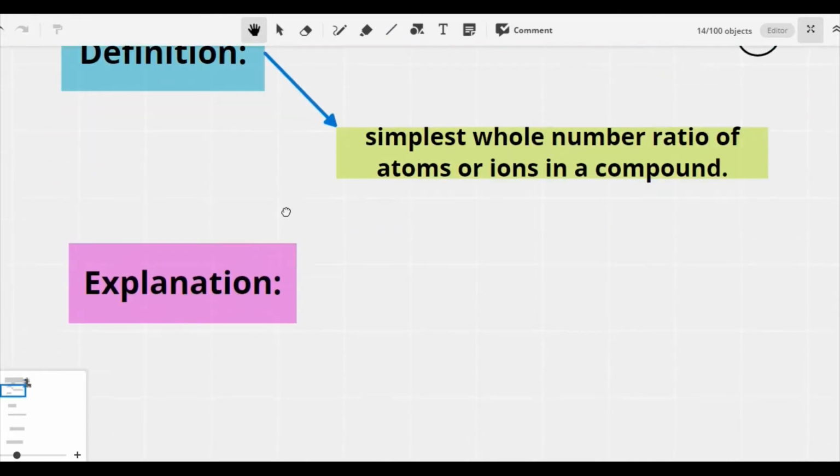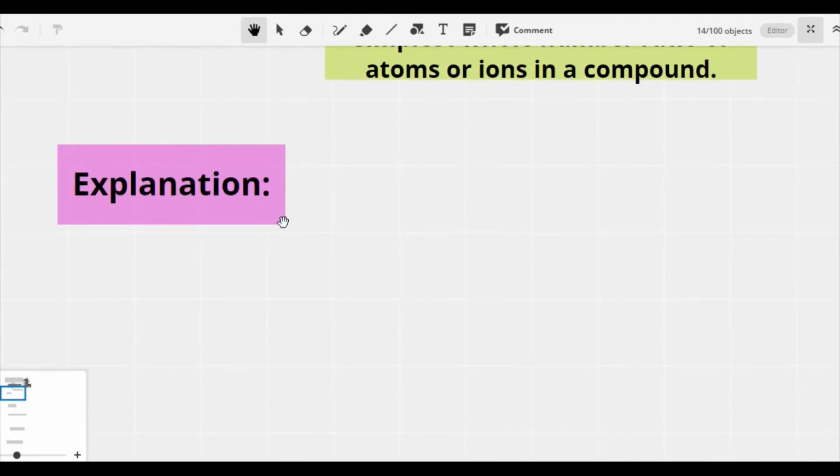Now the explanation: how can we determine the empirical formula, and how will you identify which one is the empirical formula and which one is the molecular formula? First of all, the molecular formula tells us the actual number and kinds of atoms in a molecule of the substance.